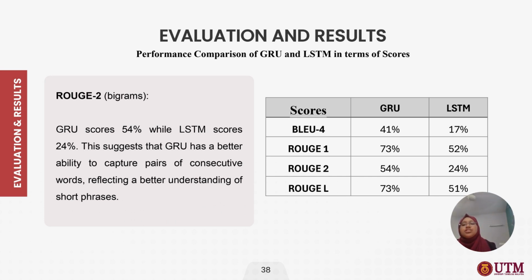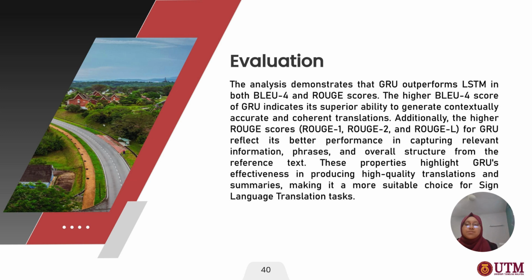And ROUGE-L is the longest common subsequence. Here, GRU scores 73% compared to LSTM, which is 51%, which proves that GRU is more effective in capturing longer sequences of words, indicating better overall summary structure and coherence. So finally, after the evaluation, the analysis demonstrates that GRU outperforms LSTM in both BLEU4 score and ROUGE score.